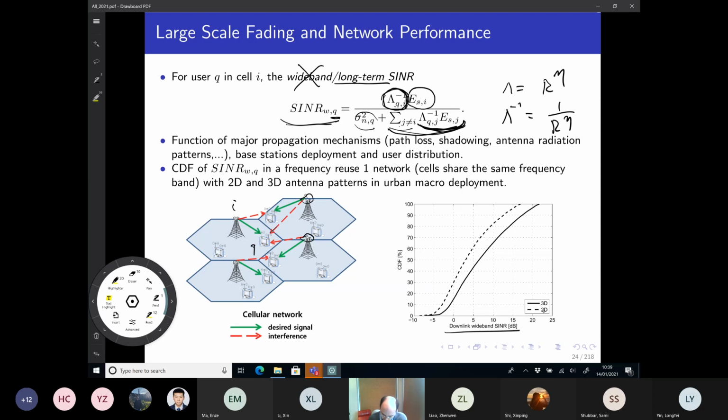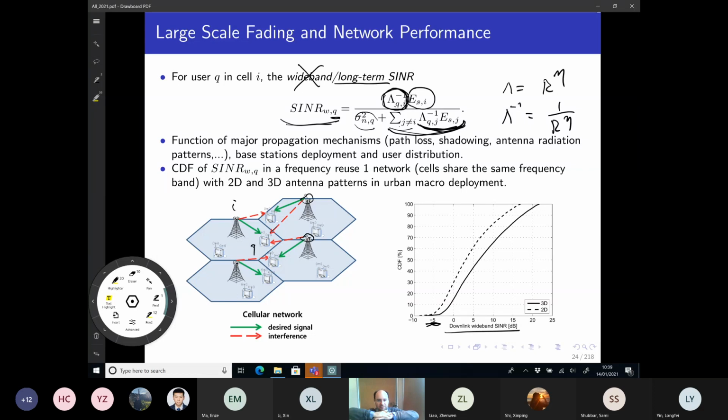You can focus just on the 2D for the time being. And it says that, well, the SINR that you will experience in a cellular network ranges roughly between -5 dB and 20 dB with the dashed line. That is the strength of your SINR in a typical network. 3D here means that you have the antennas at the base stations and you're able to tilt them so that you focus a bit more on the user.